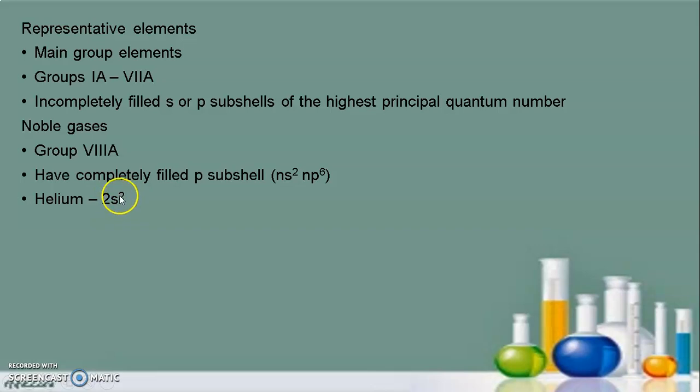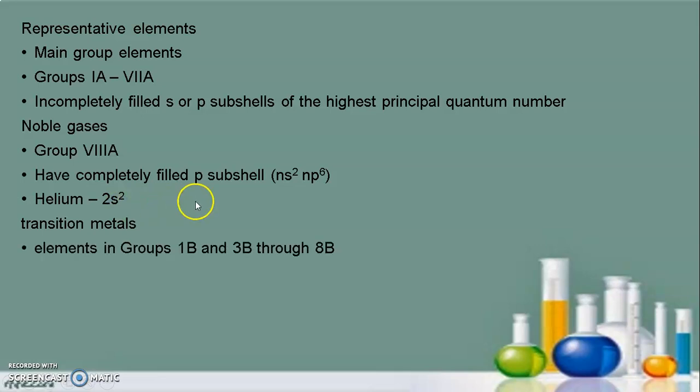However, it is categorized or placed under the noble gases because the s subshell of the first energy level is also completely filled. The next group are your transition metals.